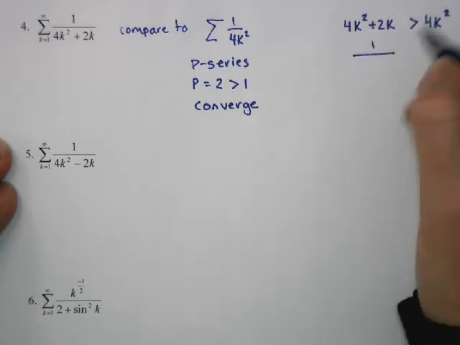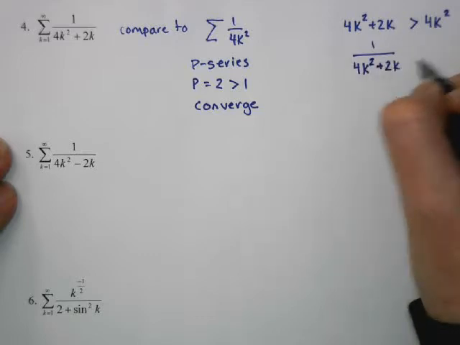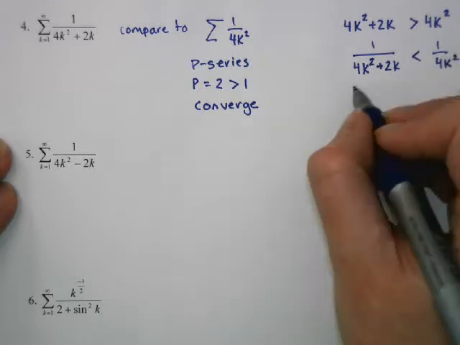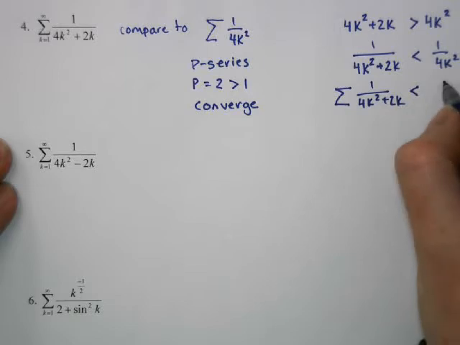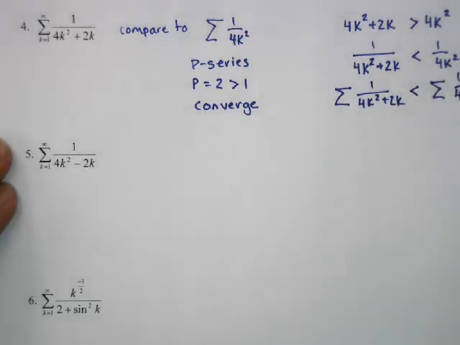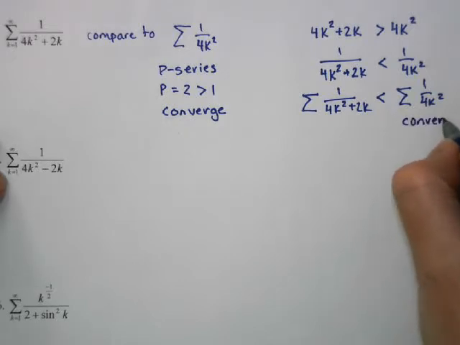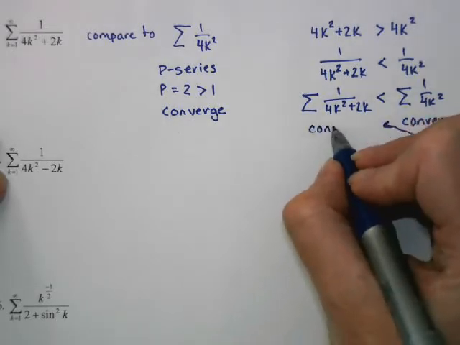So 1/(4k squared plus 2k) is less than 1 over 4k squared. Okay, so we know that the bigger series converges, which means the small series converges.